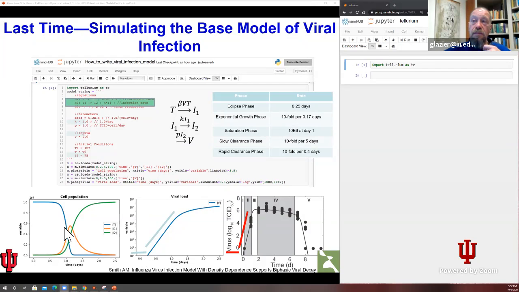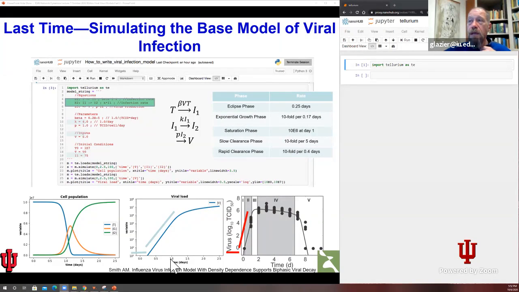We got a number of uninfected cells coming down, the number of infected cells going up, the number of early infected cells there. And this looked exactly like the SIR models that we did before, basically identical.